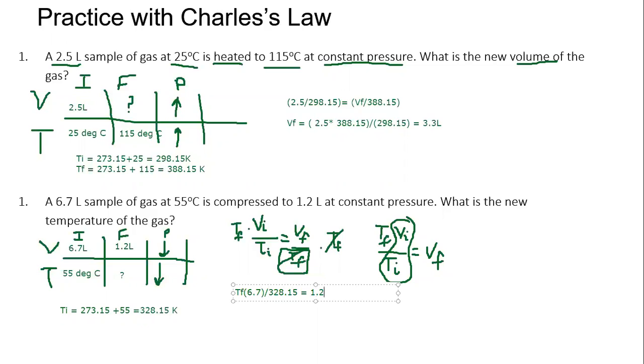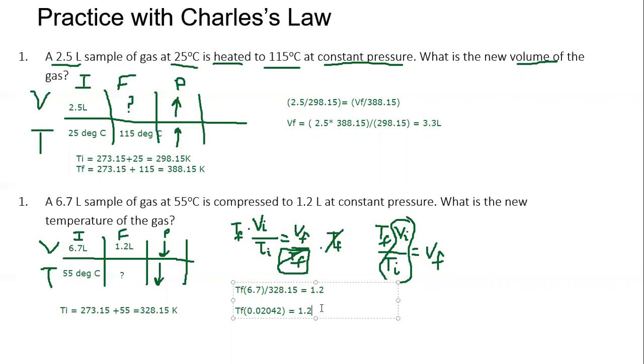So now I'm going to take 6.7 and divide it by 328.15. And I get 0.02042 equals 1.2. So now notice, to get rid of this 0.02042, we have to divide both sides by it.